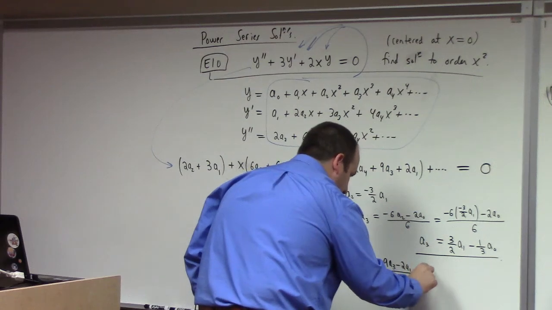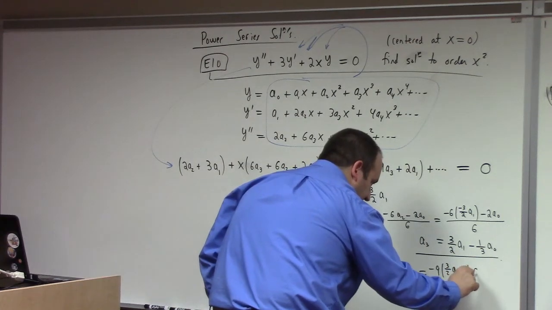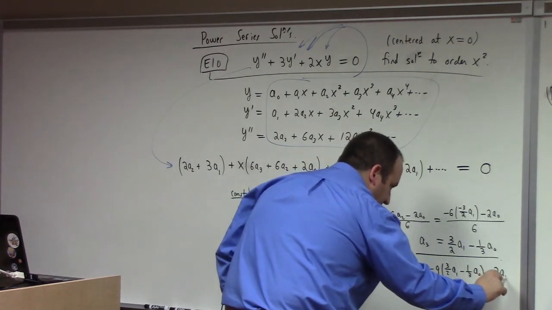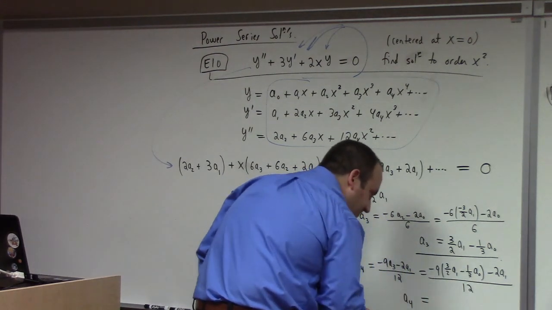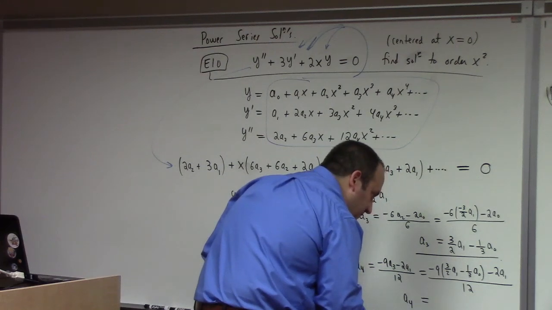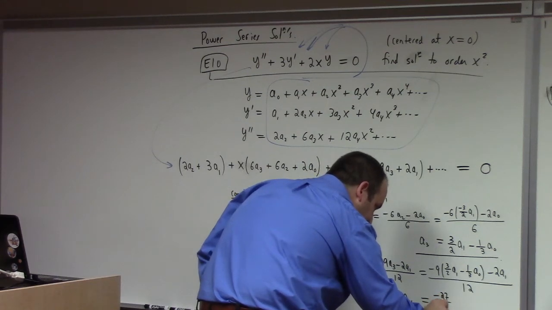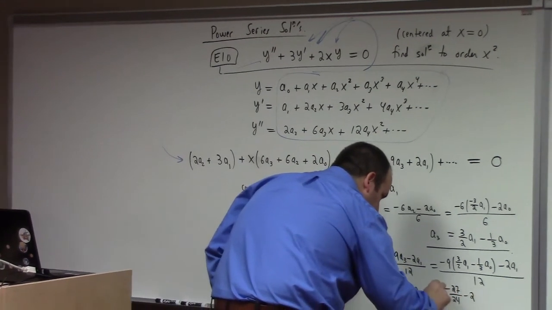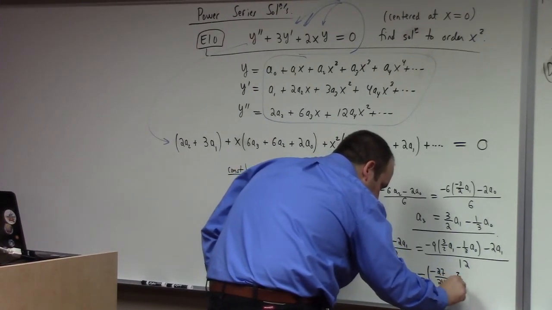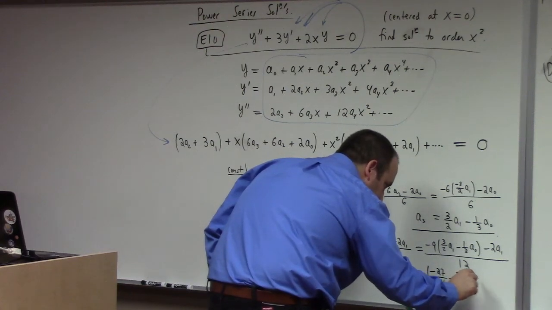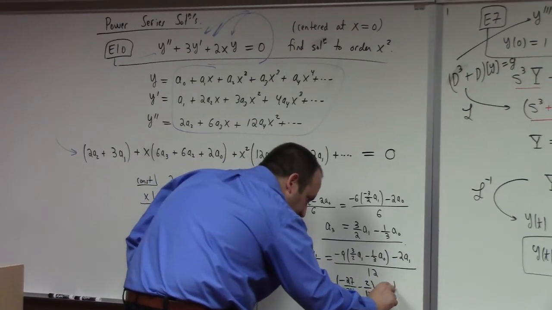That is actually minus 9 times 3/2 a1 minus 1/3 a0, minus 2 times a1, divided by 12. So a4 is equal to minus 27 over 24 minus 2 over 12, times a1, plus 3 over 12, that is 1/4, a0, if I haven't made a mistake.